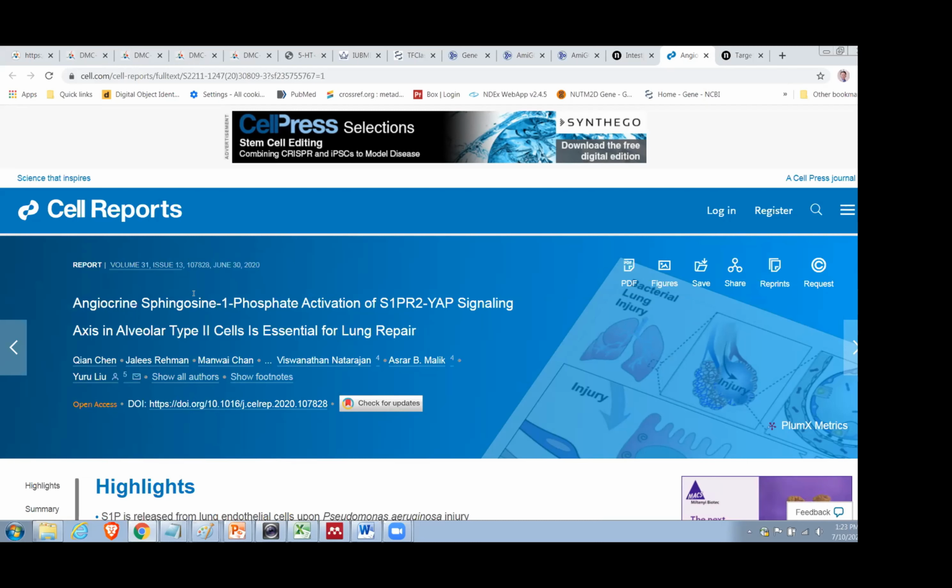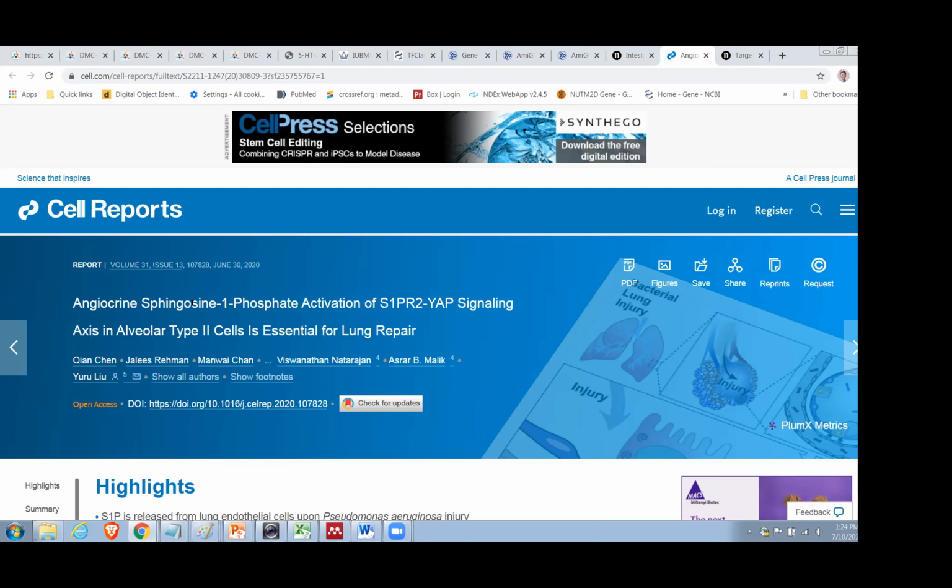And while SPP at the minute doesn't have any information on metabolomics, so we don't have any metabolomics experiments in SPP, you can still use it to get some picture as to what the effect of particular nodes within a cell might be on a small molecule.